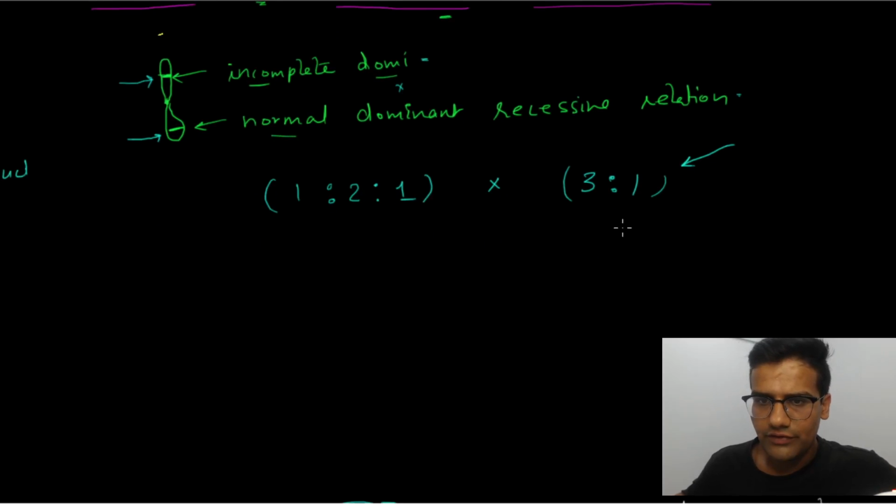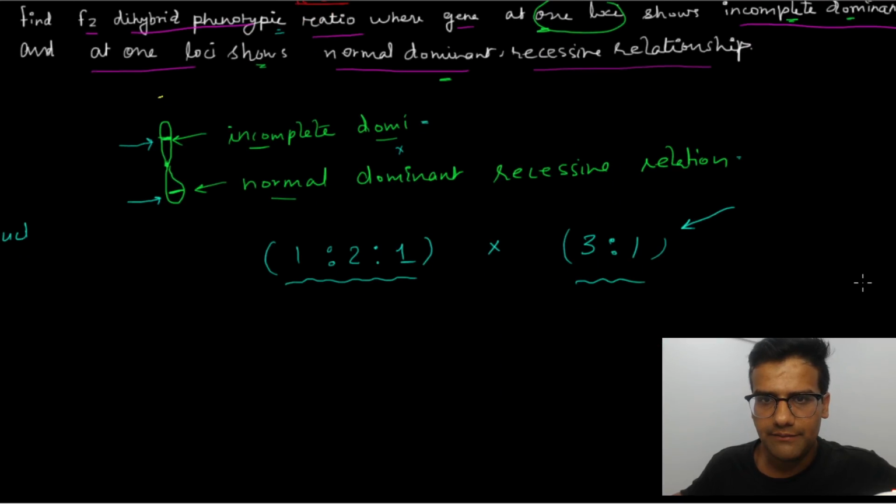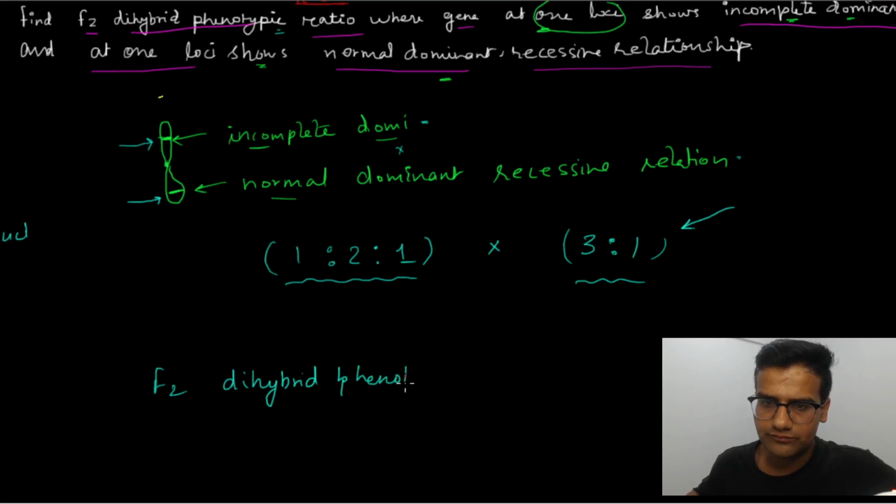So we are using the product rule. For this problem, the F2 dihybrid phenotypic ratio would be 1:2:1 into 3:1.